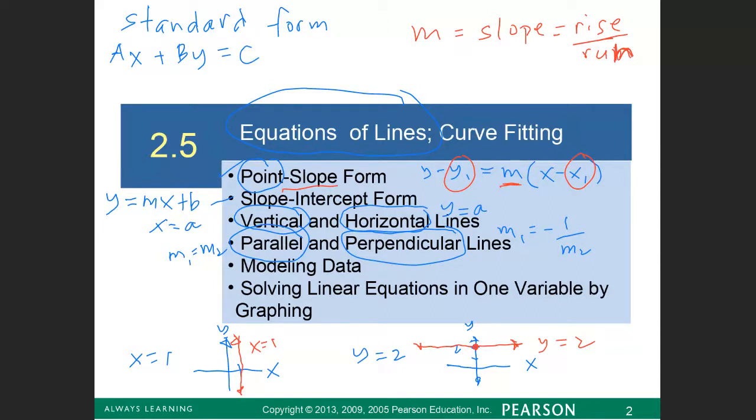Note that all the variables, the x and y, are on the left side of the equation, and then the constant is on the right side. So that's the standard form of an equation. Okay, so this is, again, equations of lines.